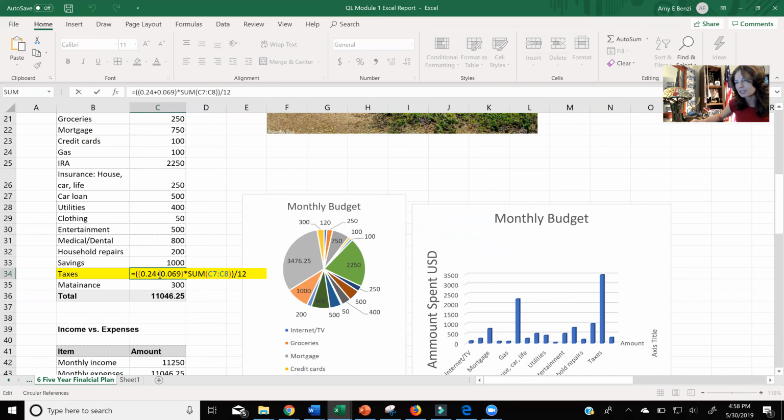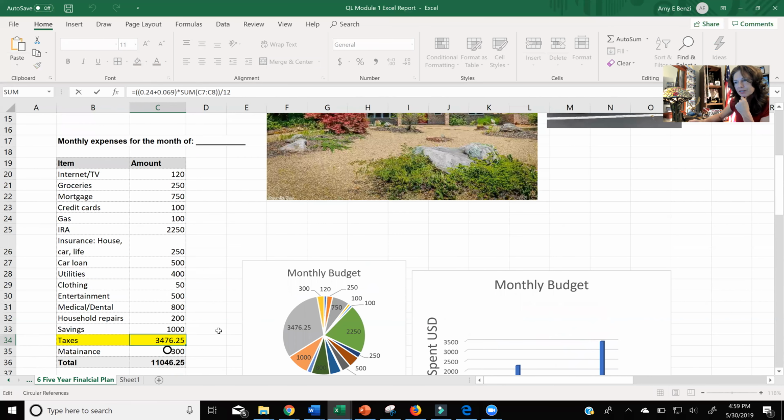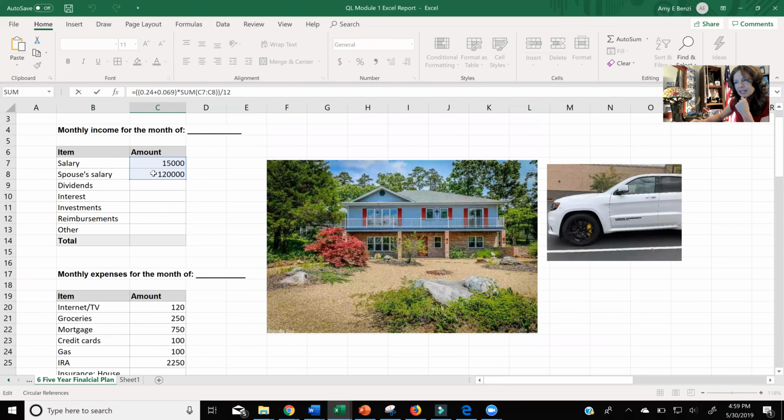There's a lot of stuff in this formula, but it says 0.24 plus 0.069 times the sum of C7 and C8. You see that? And I divided by 12. So look at that formula, because what I've done there, where's C7 and C8? C7 and C8 is all the way up here.